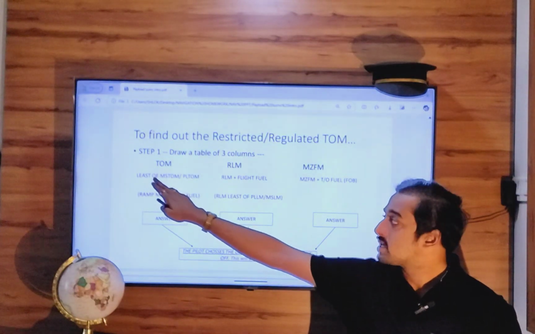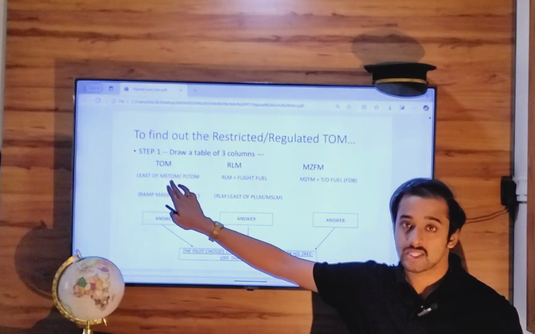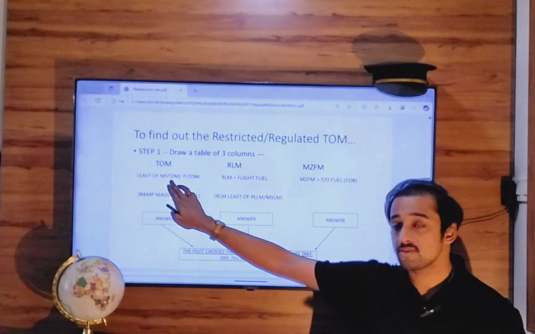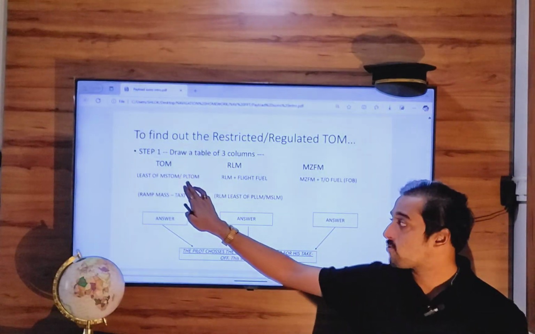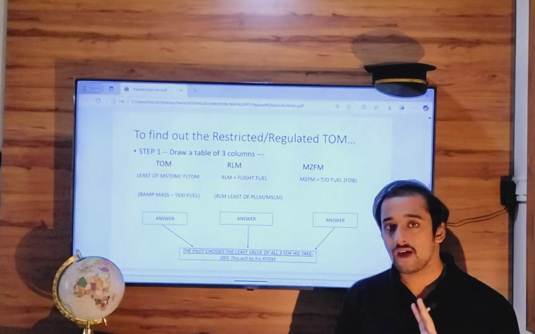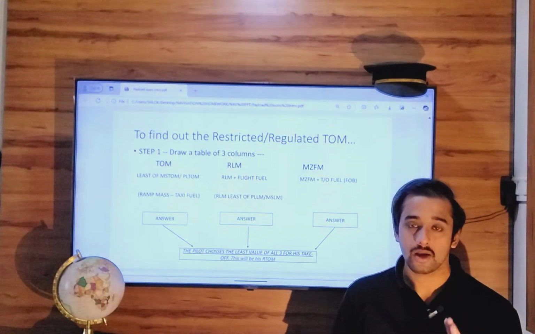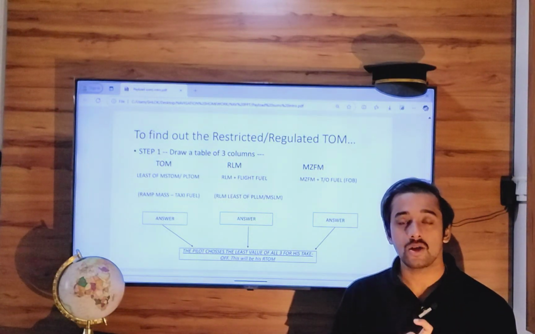It can be the lesser value of maximum structural takeoff mass or performance limited takeoff mass. If both values are given, consider that value which is lesser.